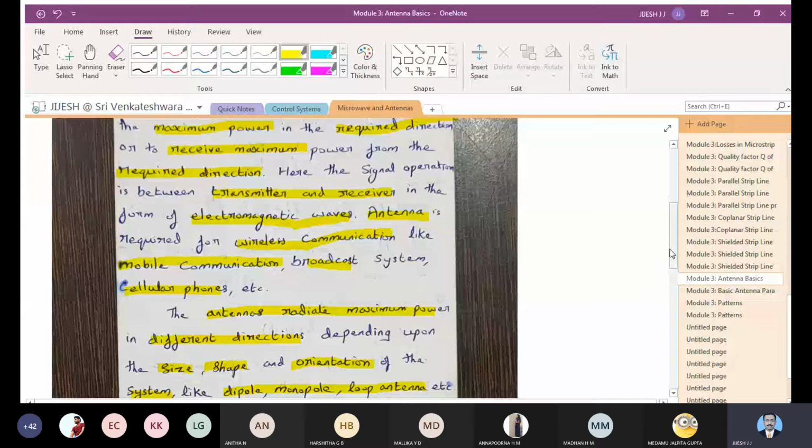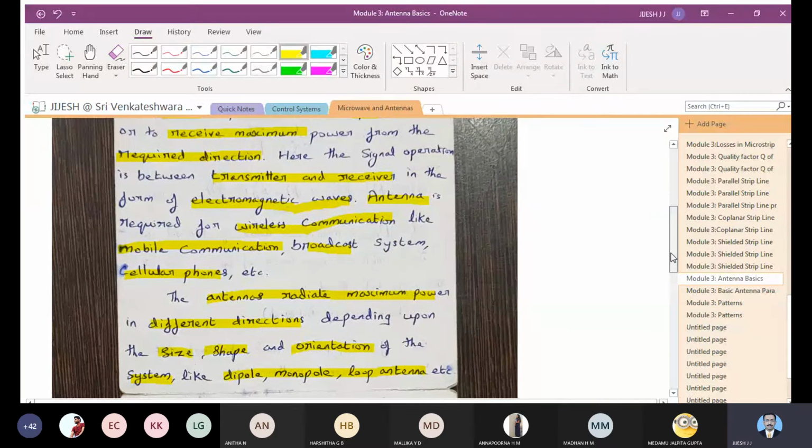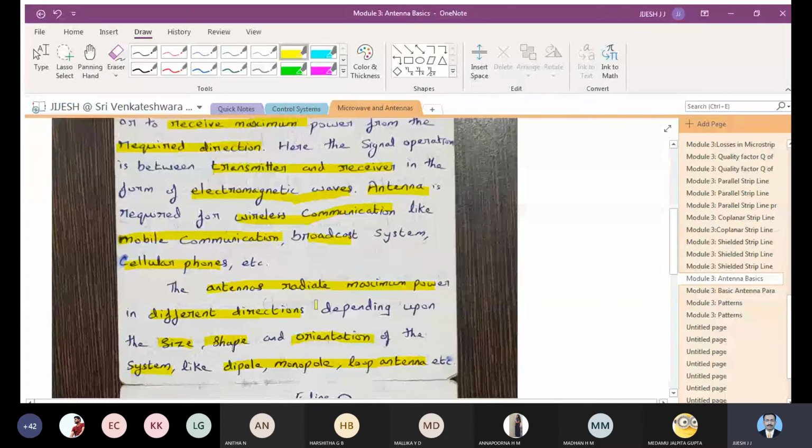An antenna radiates maximum power in different directions depending upon the shape, size and orientation of the system. It radiates maximum power in different directions based on the size, shape and orientation of the system. You have different types of antennas like dipole antenna, monopole and loop antenna, etc. You can note these things down, and this will be explained further.